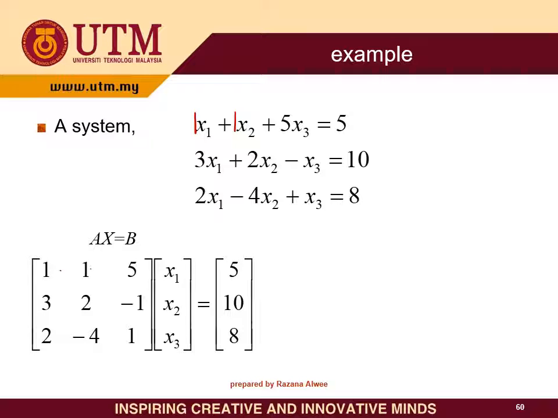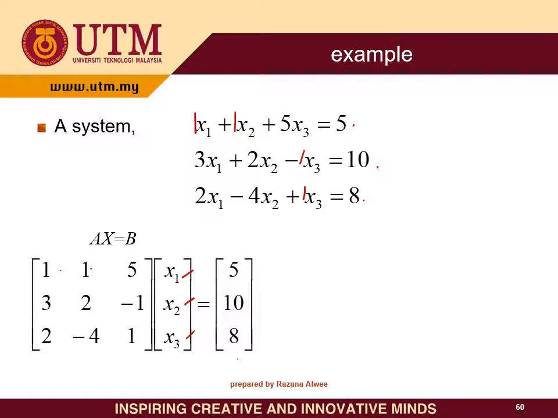So 1, 1, 5, 3, 2, -1. Remember this 1, so 1, 2, -4, plus 1. You remove the x1, x2, x3, x1 to the first one, x2 followed by x3 equals to the B, 5, 10, and 8. This is the form.